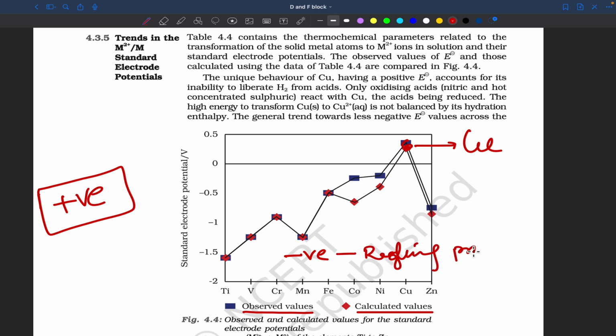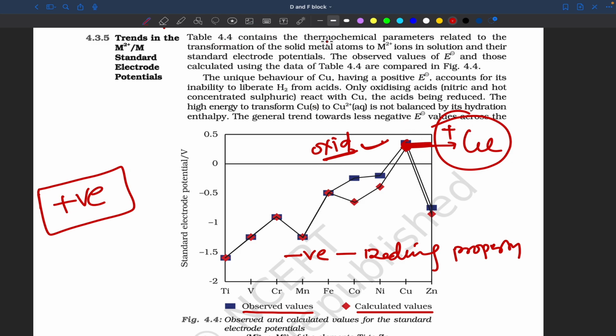It is a reducing property. The positive one represents oxidizing property. So this positive one gives you the oxidizing property, right? So here copper's is the only one above zero, that you should remember. We will go through this.